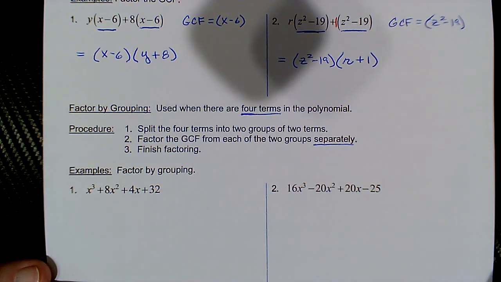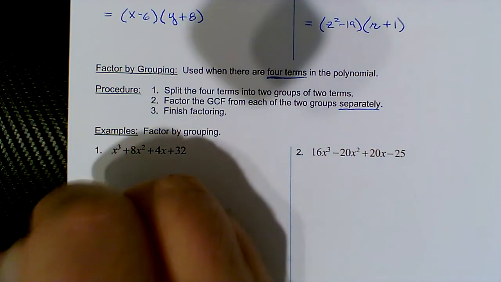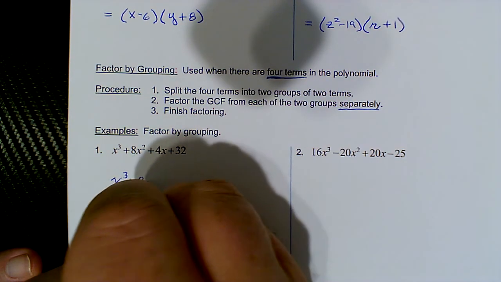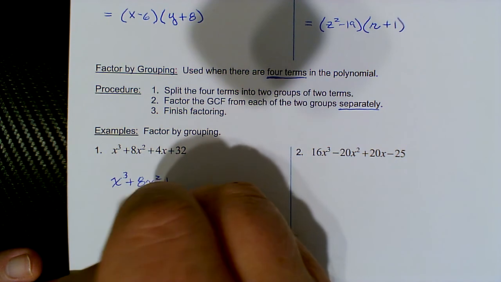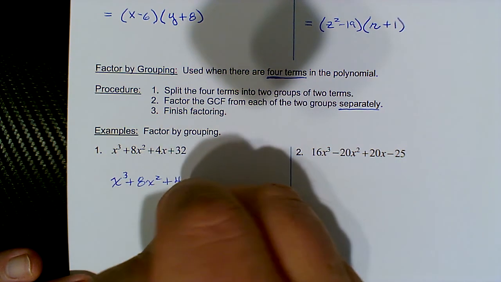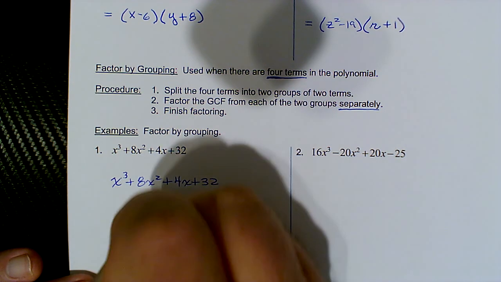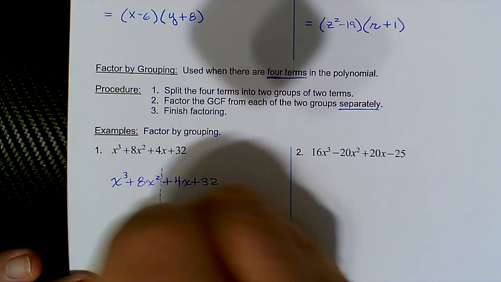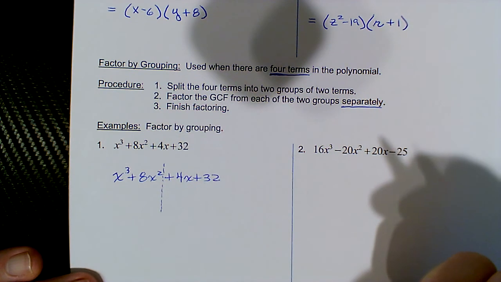So let me recopy x cubed plus 8x squared plus 4x plus 32. And you can even go so far as to draw a little, maybe dotted line there between the 2 groups of 2 terms.